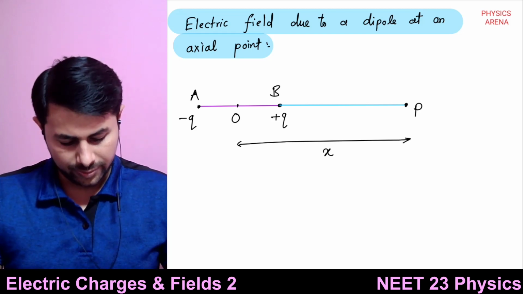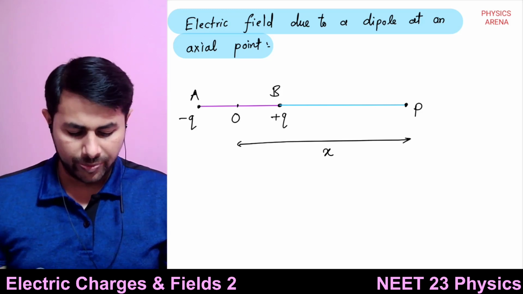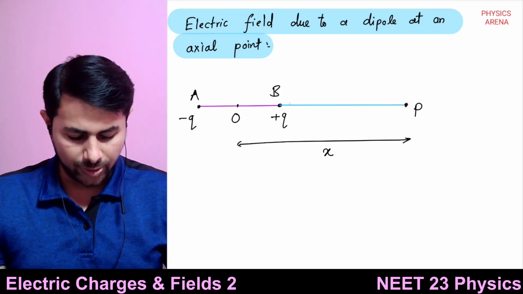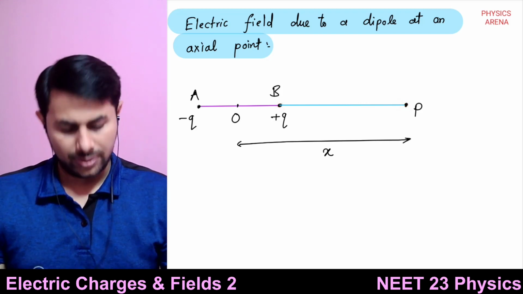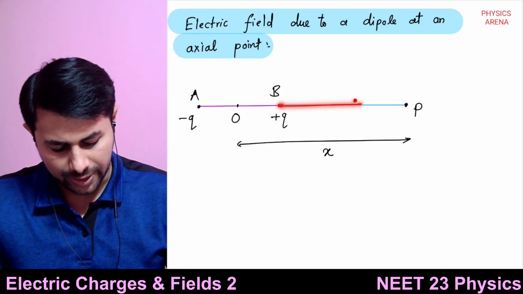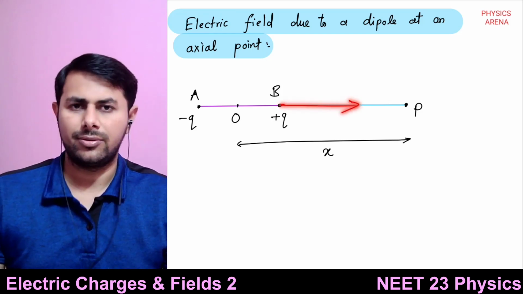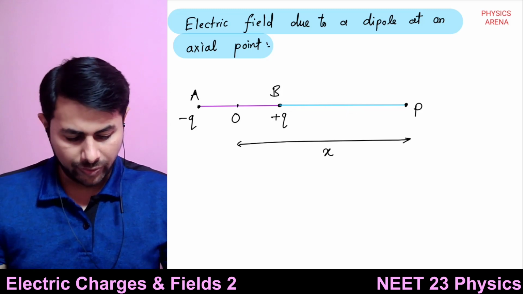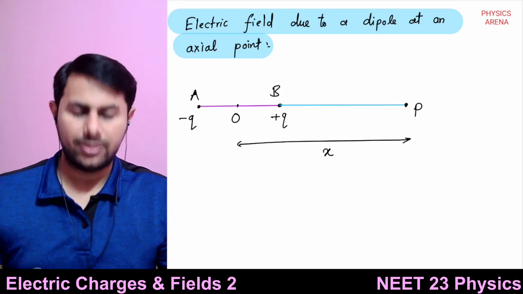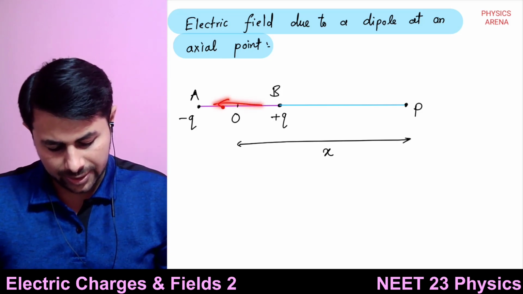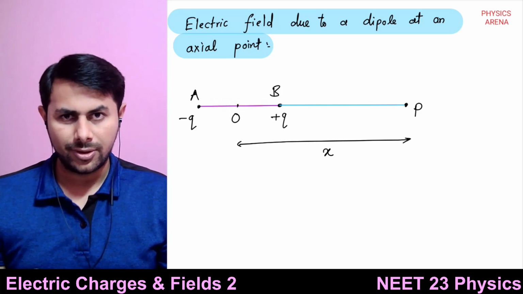Now see what will be the direction of the electric field at this point due to the positive charge. It will be radially outwards from the positive charge, so it is towards point P. And what will be the direction of the electric field at this point due to the negative charge? It will be like this, towards the negative charge.